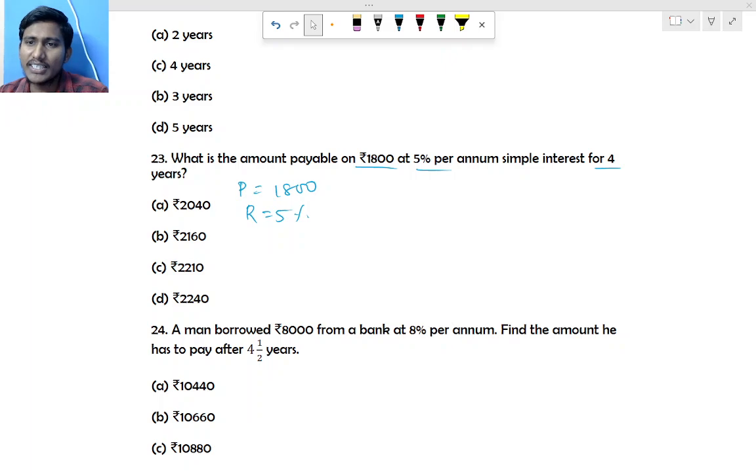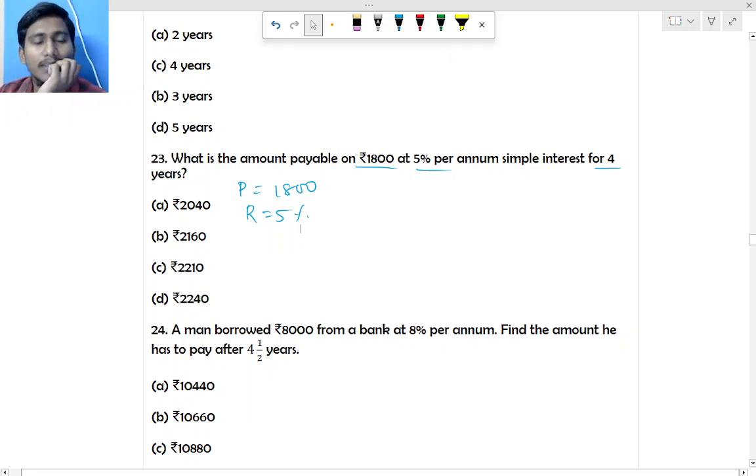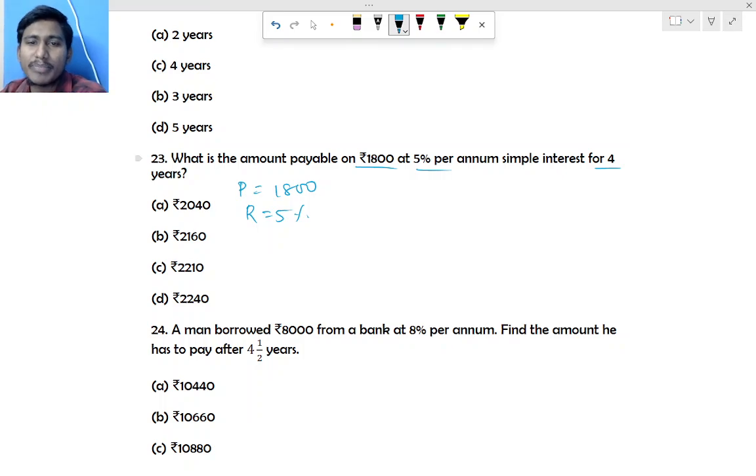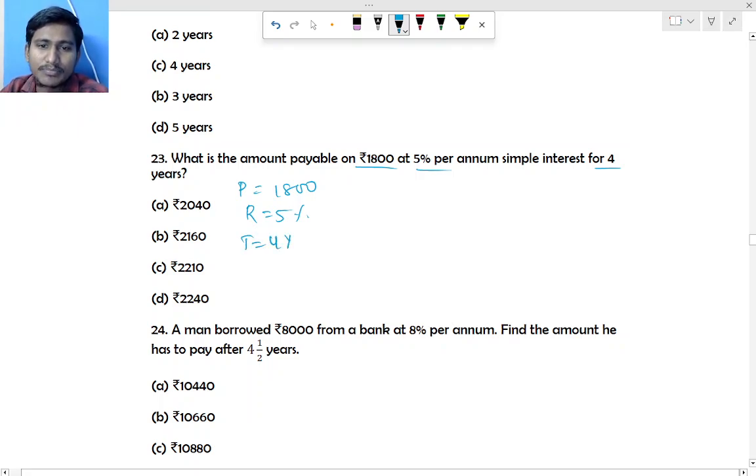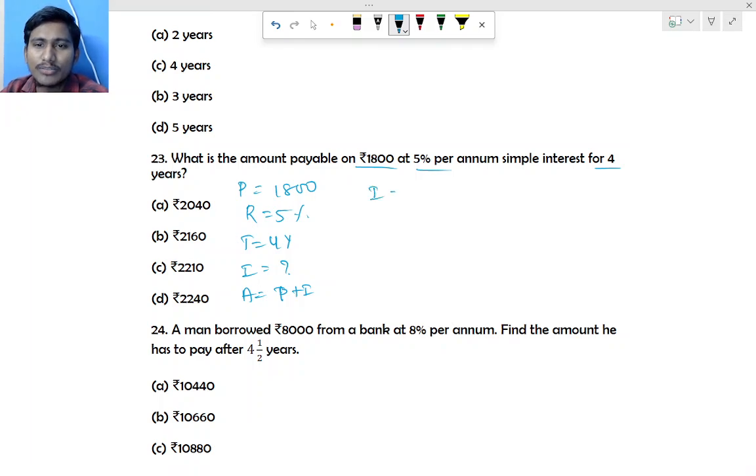Which question is this? 23rd question: amount payable on 1800 at 5% for 4 years. So time is 4 years. We have to find first the interest and after that the amount. Principal plus interest is the total you have to pay, because the principal you have taken also has to be paid. How do you find the interest? PTR by 100.